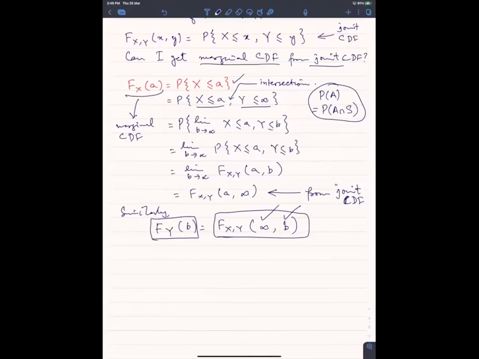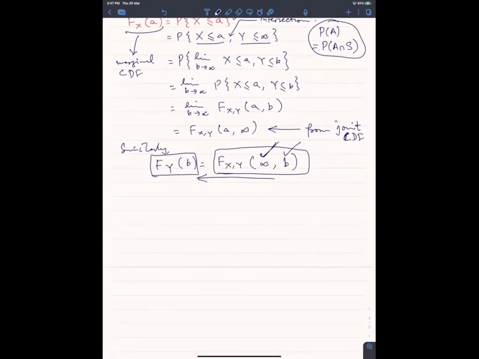So there is no additional information, since X always takes a value less than or equal to infinity, which we always know. We inserted X in between because from the joint I wanted to get the marginal.